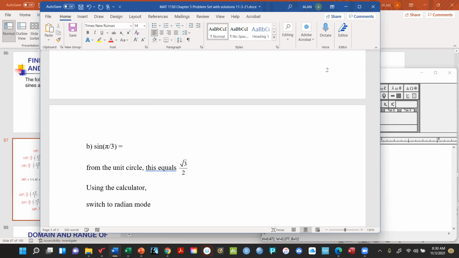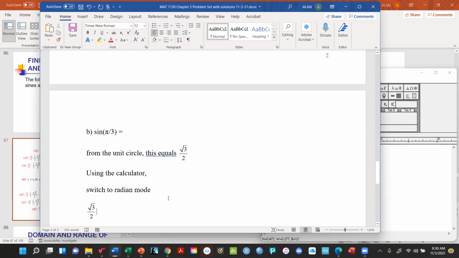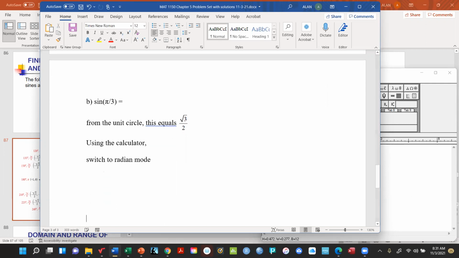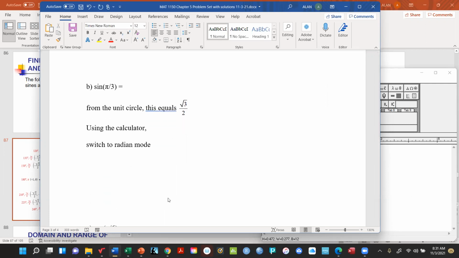Okay, and once you're in that mode, what you're going to do is just type pi divided by 3. Don't forget the equal sign. And then hit the sine button.